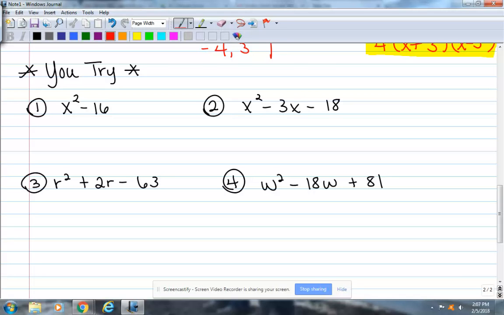That's a trinomial. So you need two numbers that multiply to get negative 63 and add to get positive 2. You need a positive and a negative, and the bigger one is going to be a positive.